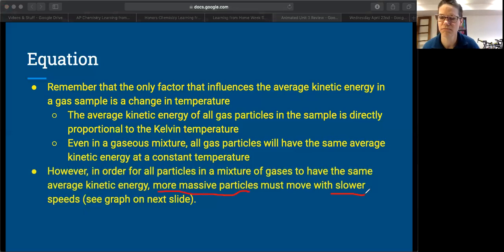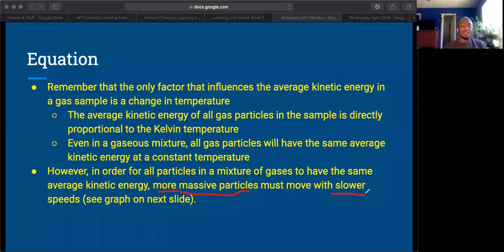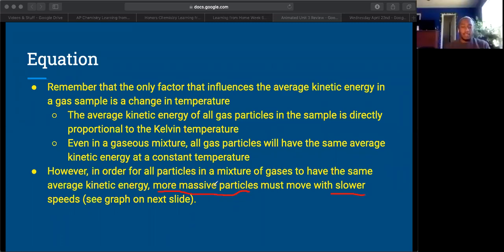Does that ring a bell? In order for everything to have the same energy at the same temperature, the heavy guys have to be moving slower. The smaller guys have to be moving faster. That's how they end up with the same amount of energy. Okay, makes sense.